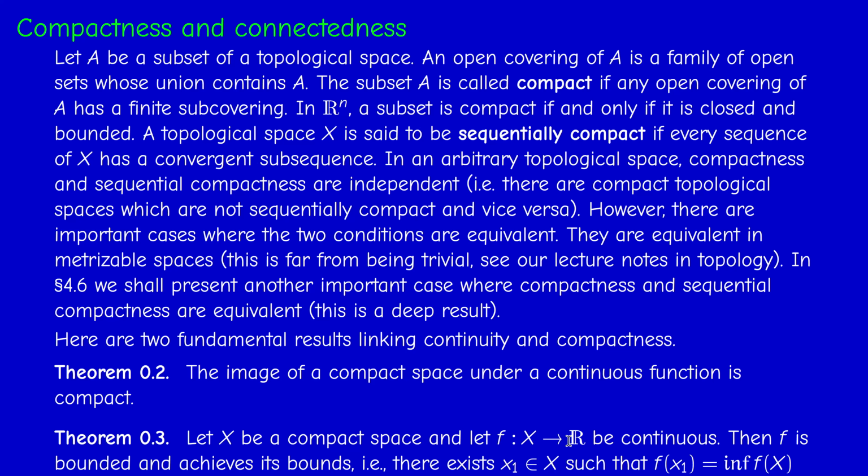So it has a maximum value and a minimum value. I think you know this from second year, but it's a fundamental result in optimization problems. If you search for a maximum, the maximum need not always exist. But if the space is compact and the function is continuous, then it has a maximum and a minimum as well.